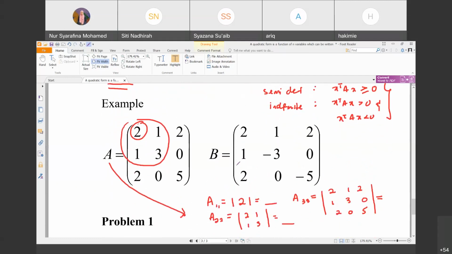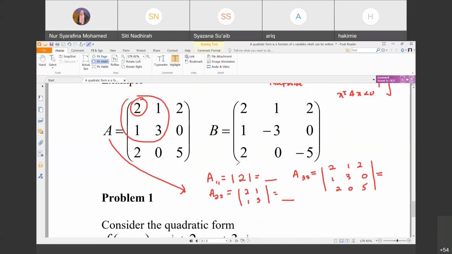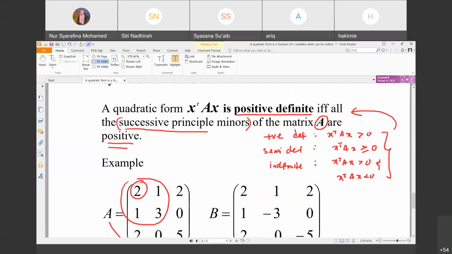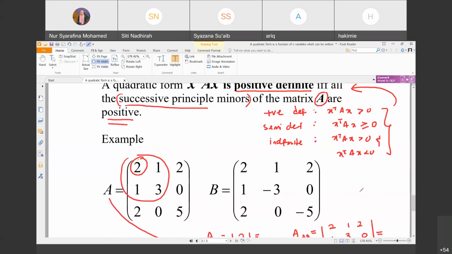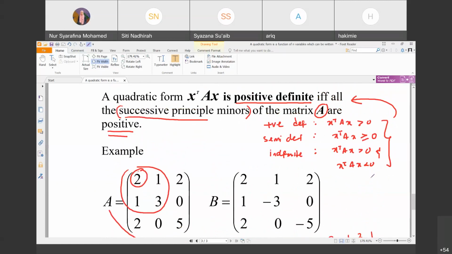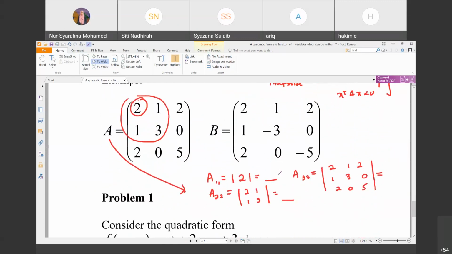Okay, find its determinant. If all the values are positive, then it is positive definite. If all values are positive and also zero, then it is semi-definite. Then if the determinant values are a mixture of positive and negative, then we can call it indefinite. Okay, try it. What is A? What is B? Understand? Okay, try to do both.